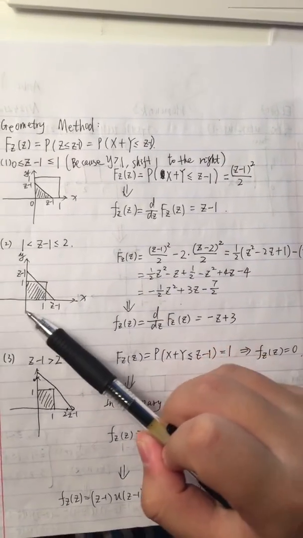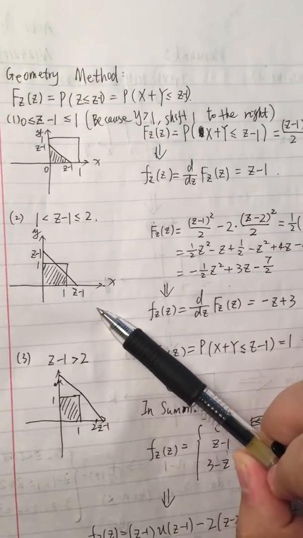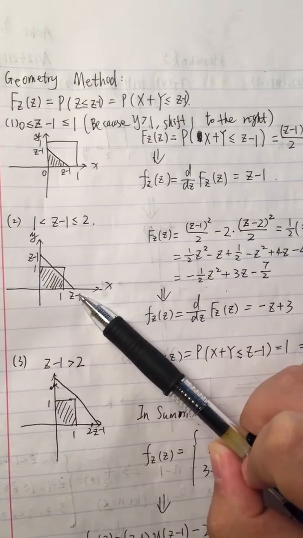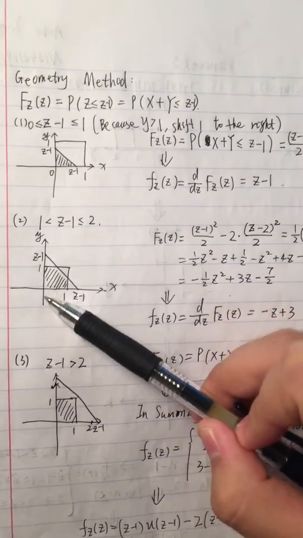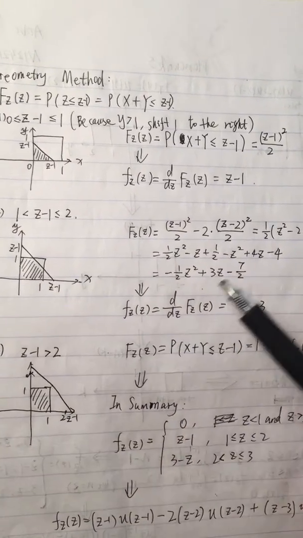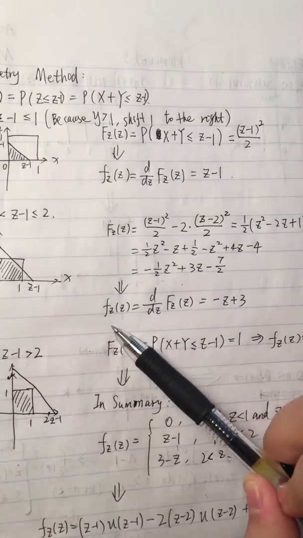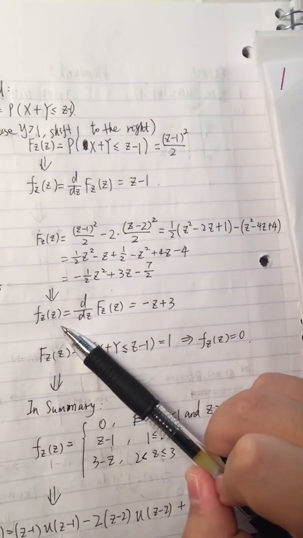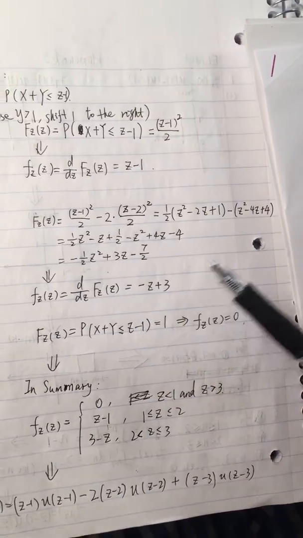The second case is after z shifts to this, and we can easily get that the area is like this triangle minus this small triangle and minus this small triangle. We can easily get that Fz is like this, and the small fz of z is the differential of this one, and it's minus z plus 3.